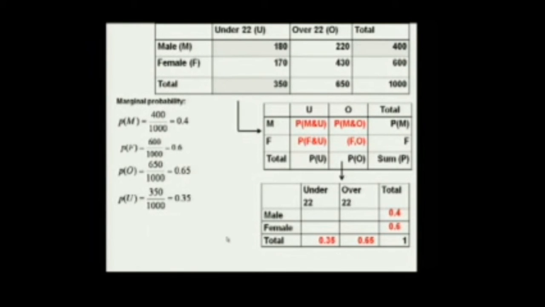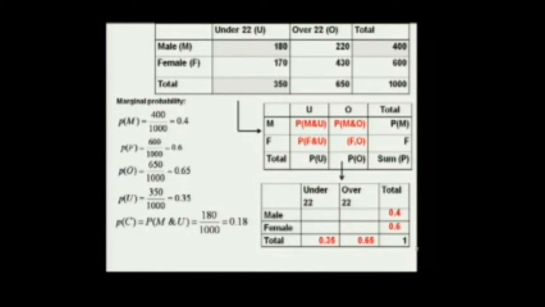And exactly as we did before, by adding and subtracting values in the contingency table, we can do the same thing with the probability table. If this is 1, we have 0.4 plus 0.6. Again, 0.35 plus 0.65. So you take it this way or this way, that will give us a sum of 1.